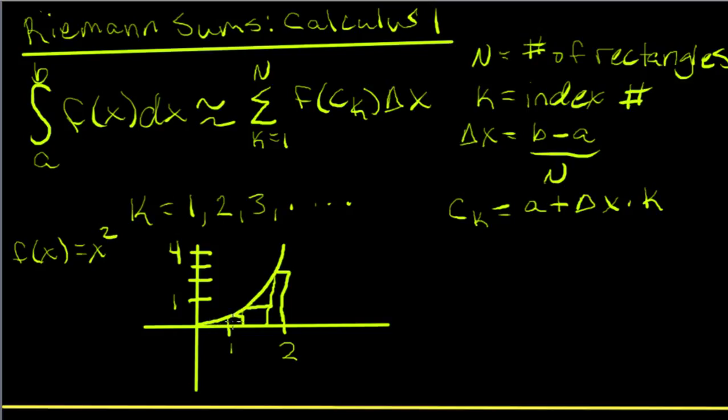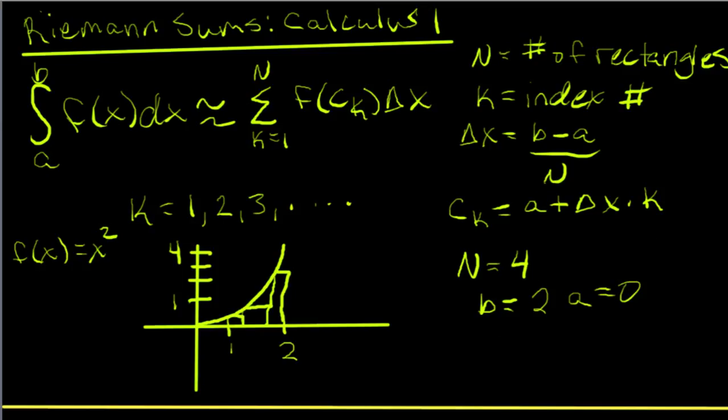We have one rectangle here, one rectangle here, and one rectangle here. So our number of rectangles is 4. So our index k will go from 1 all the way to 4. We see that b is equal to 2, and a is where we start, which is equal to 0.